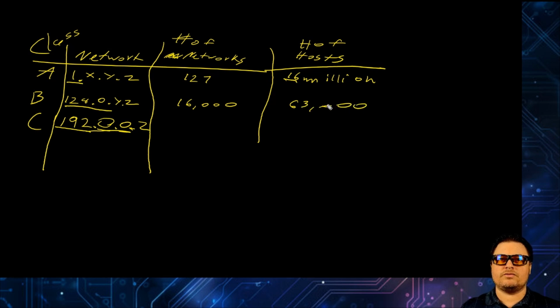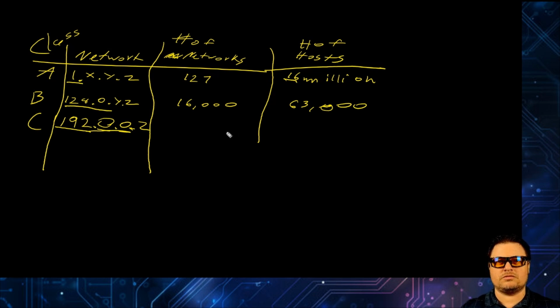Now, if you noticed, if you're just using the first octet, you only have 127 values. If you're using 2 octets, you have 16,000 values, which is kind of weird when the host is having 2 octets as well, yet they have 63,000.